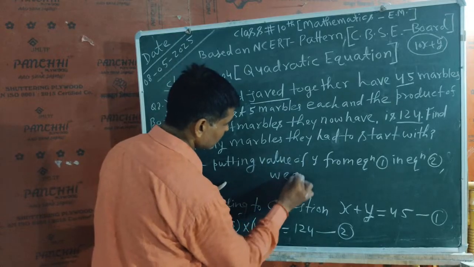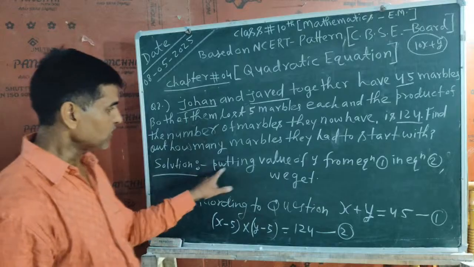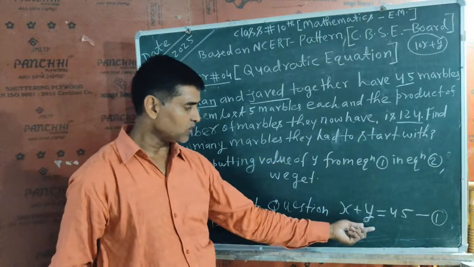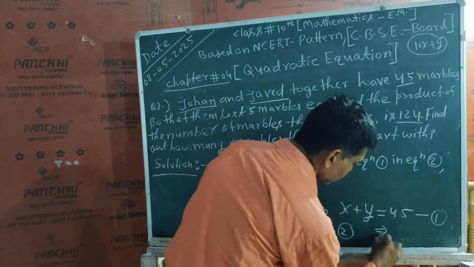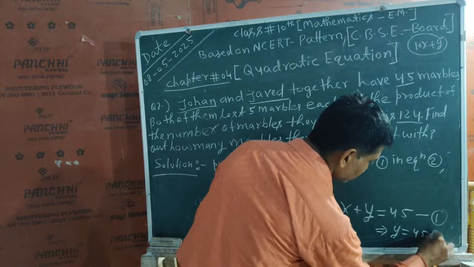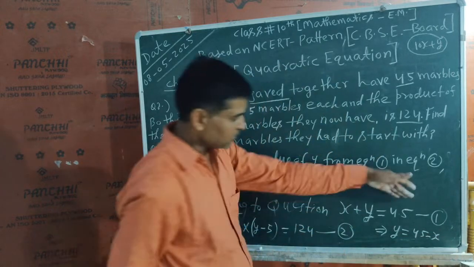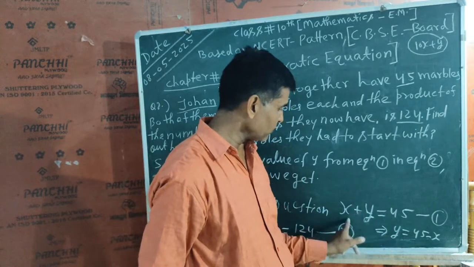This statement is very important, and you have to follow it. Putting the value of y, I will take the value of y from here. From equation 1 I can write the value of y, which is equal to 45 minus x.